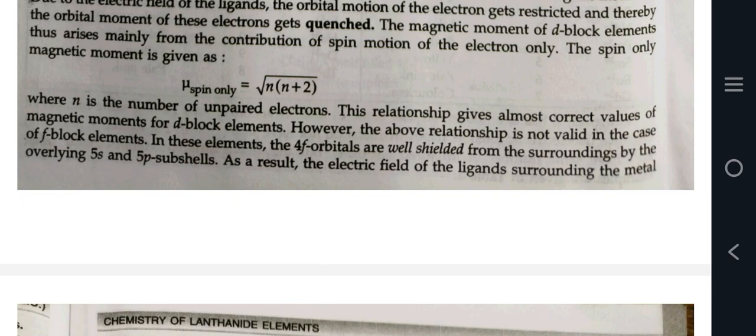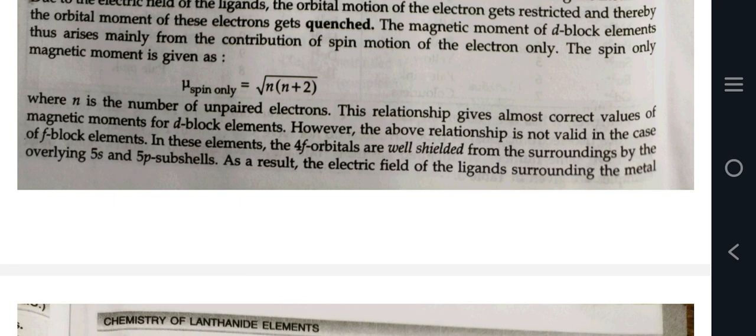The spin-only magnetic moment is given by mu = √(n(n+2)), where n is the number of unpaired electrons. This relationship gives almost correct values of magnetic moment for d block elements.